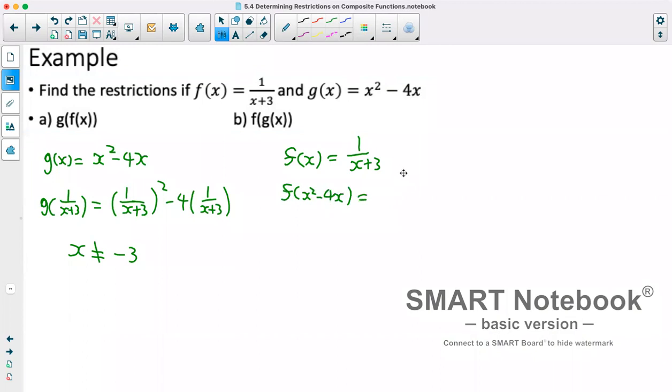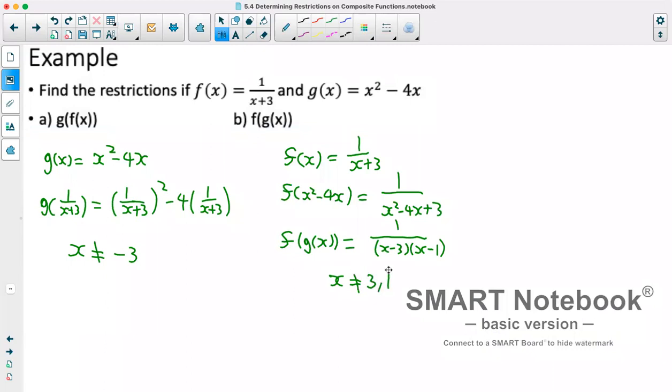So we're substituting this in where we've got an x. So we've got 1 over x squared minus 4x plus 3. We'll then factor this. So it becomes 1 over x minus 3 times x minus 1. So we have x cannot equal 3 or positive 1.